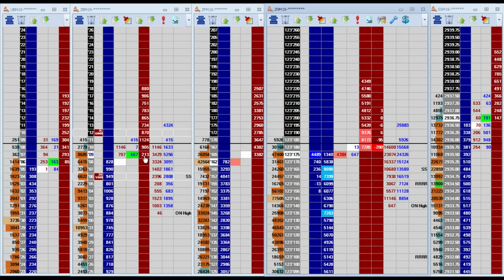Not a fan of continuation trade, but today the context allows for it. Just need this sucker to go pretty quickly.